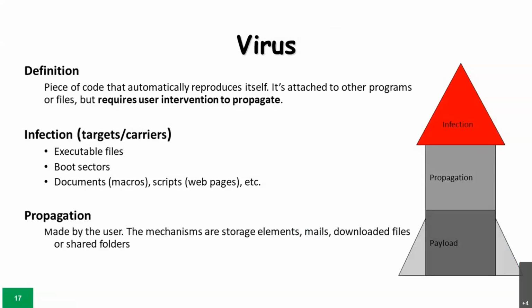Their targets can be executable files, boot sectors, documents, scripts. These are the targets or carriers of these viruses. These viruses are propagated by using mails, downloaded files, and shared folders.